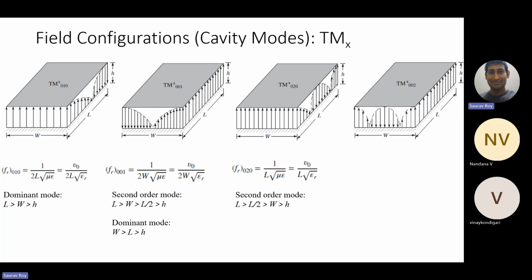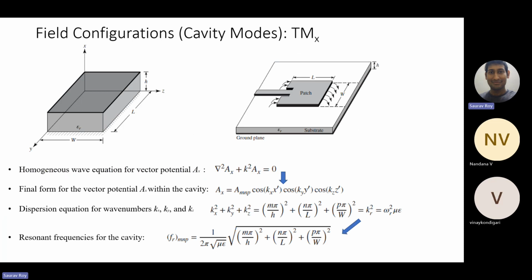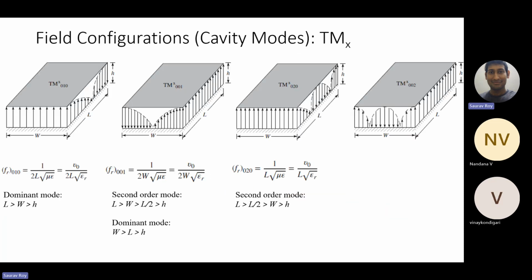Both ends are positive and negative, and in between it goes to 0, in a half wavelength, lambda by 2. The frequency you can calculate from the previous equation. If you put the M, N and P values, you will get 1 by 2L square root of mu epsilon.